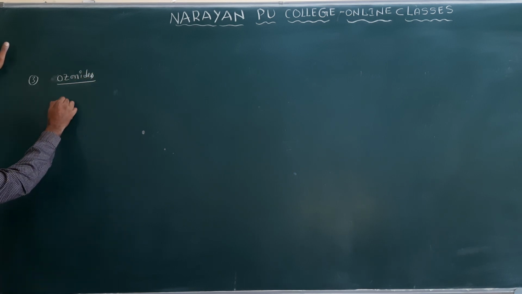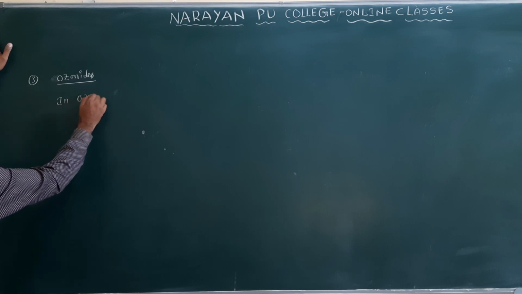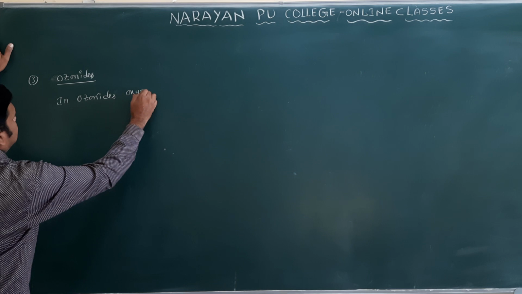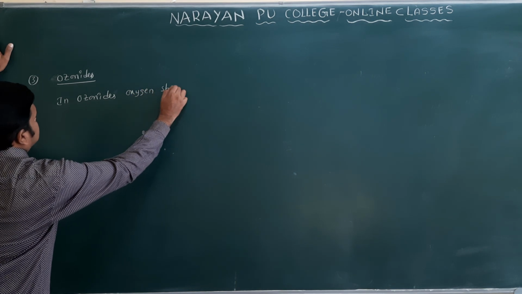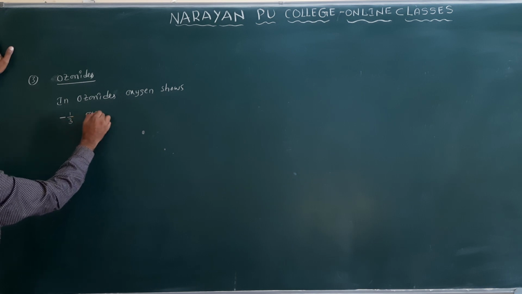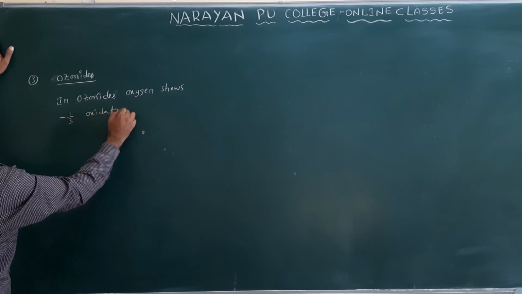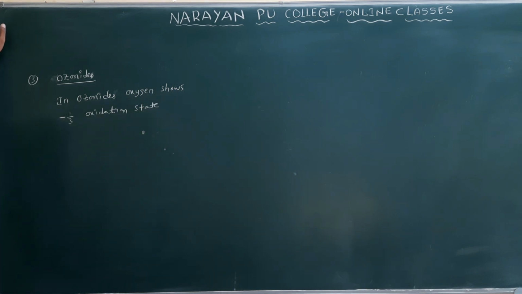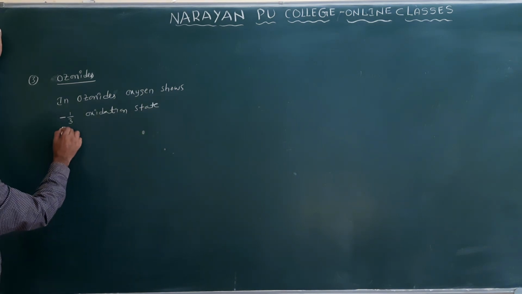In ozonides, oxygen shows -1/3 oxidation state only.